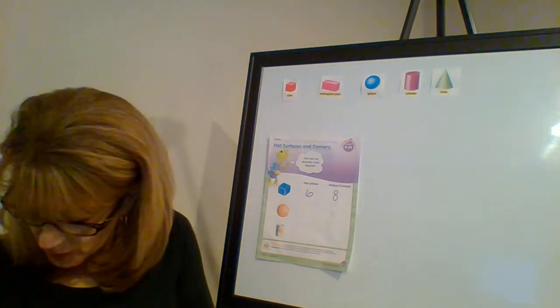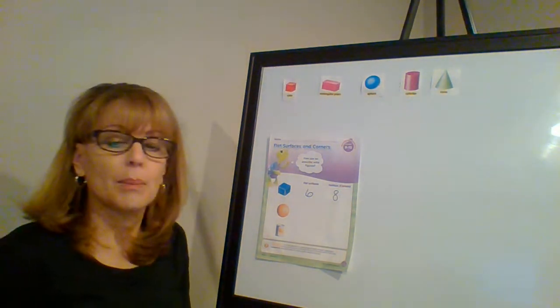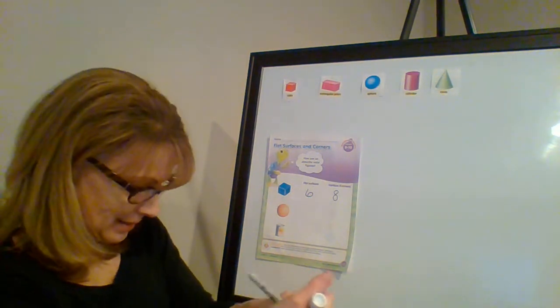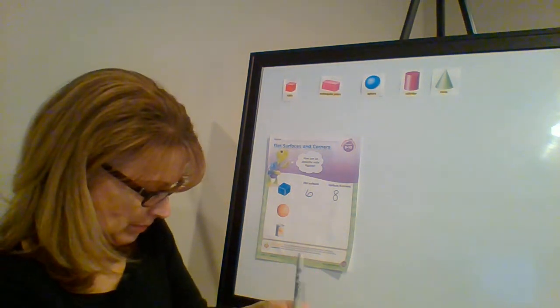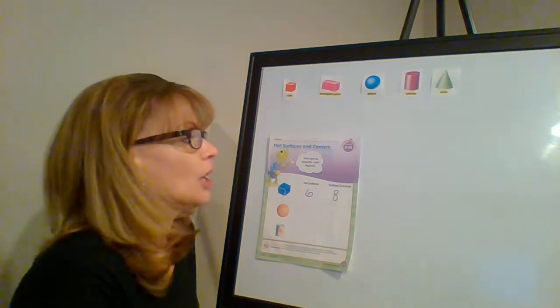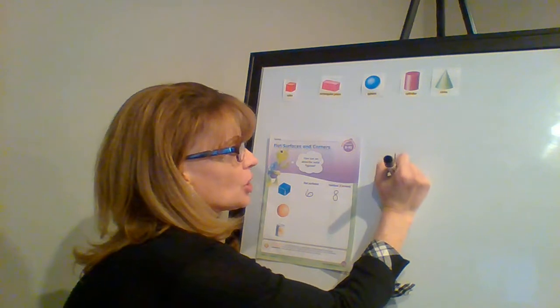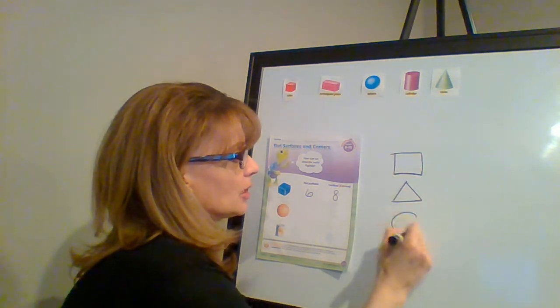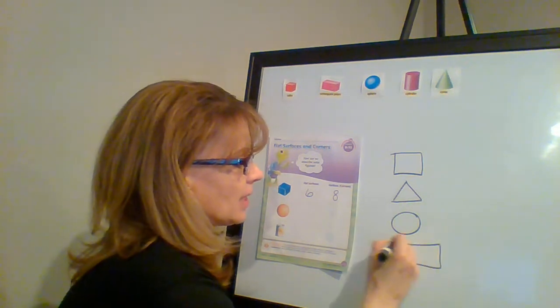So remember yesterday we talked about plane shapes and solid figures. A plane shape is just a square, a triangle, a circle, and a rectangle.